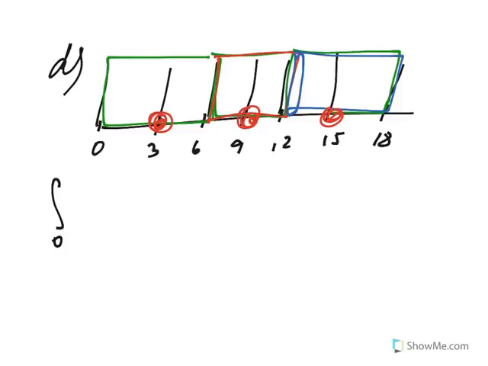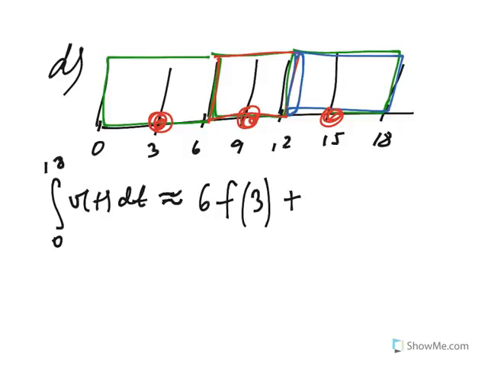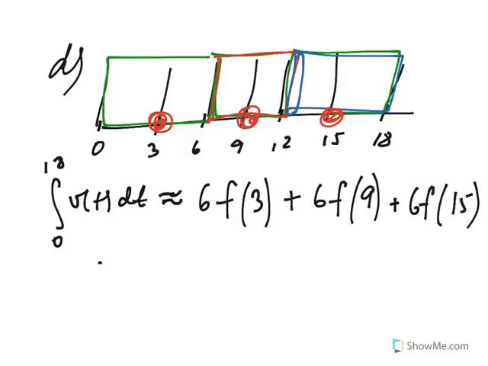The integral from 0 to 18 of v of t dt equals, nope, not exactly, length times width, so that would be 6 times f of 3 plus 6 times f of 9 plus 6 times f of 15.